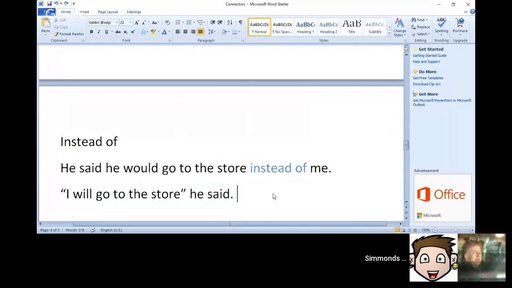He said, oh, I would go, but if you are leaving the house, then you can go to the store. Okay. So it depends on the context. Anything else? No? Okay, so now going to delete that.